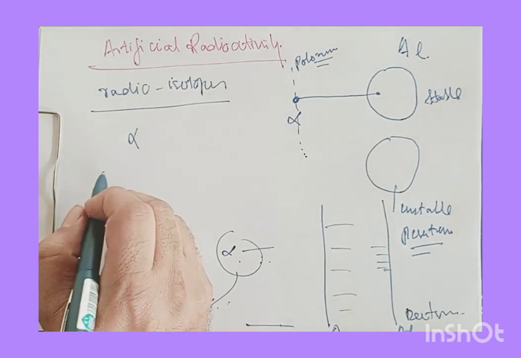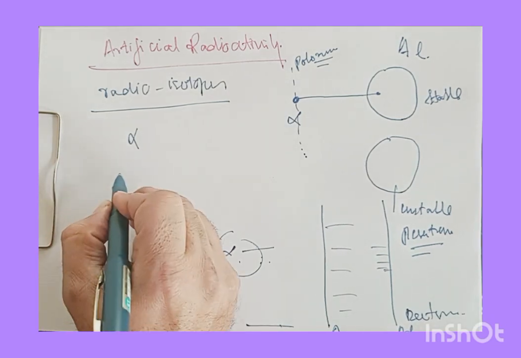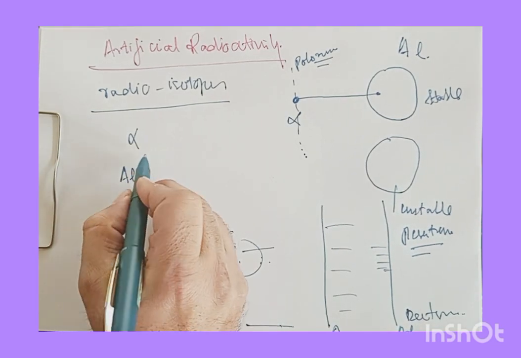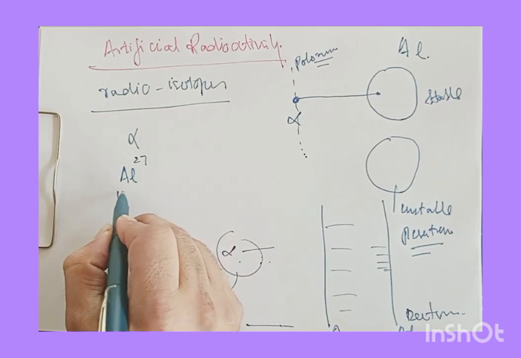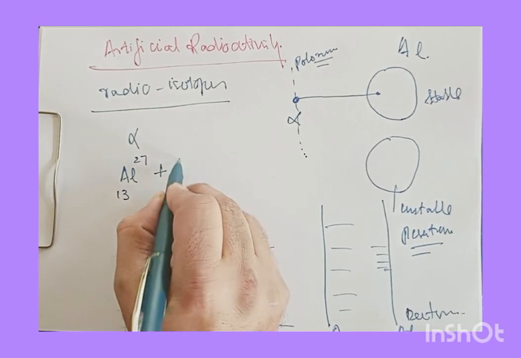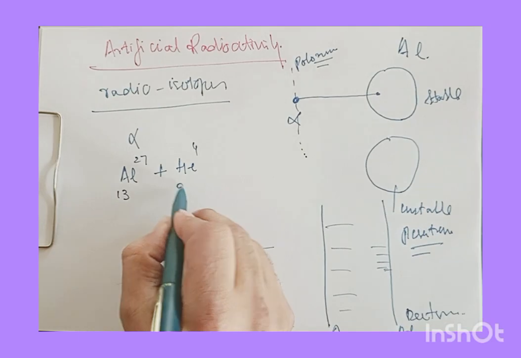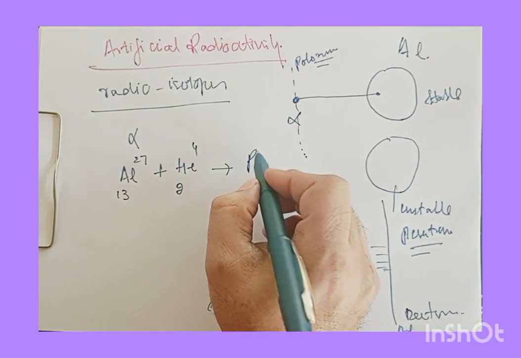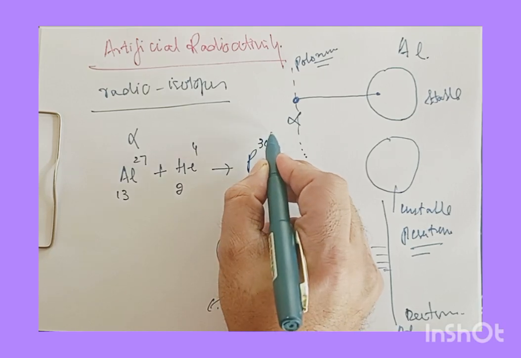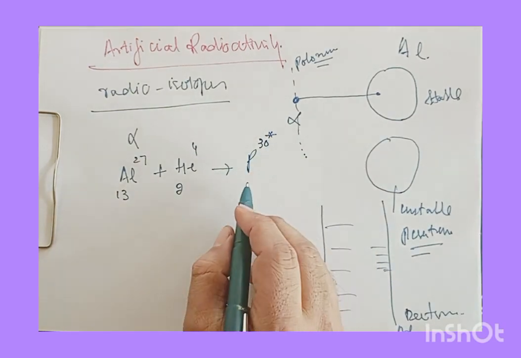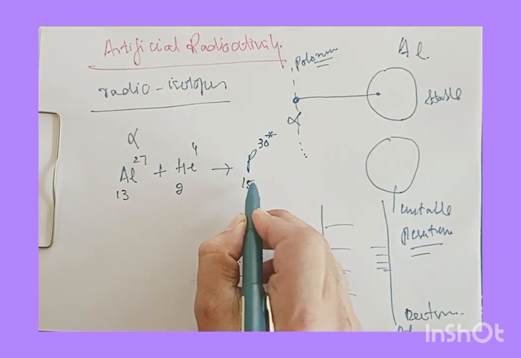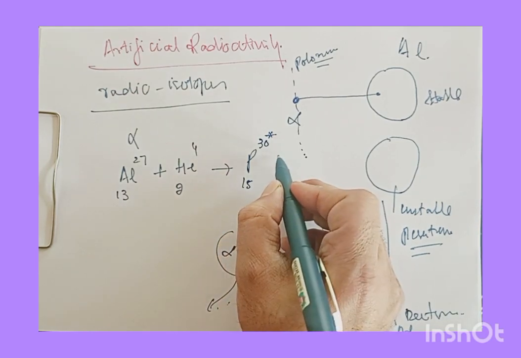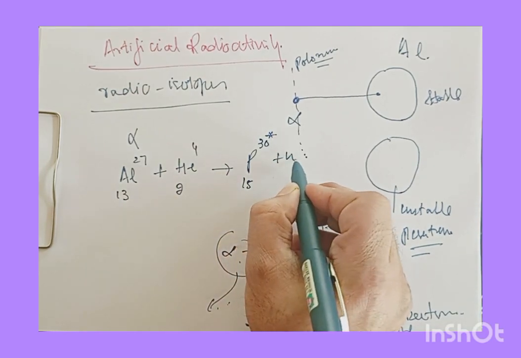This process can be given as aluminum 27, 13, which we hit with an alpha particle, and what we achieve is P30, let me put a star here, with atomic number 15, plus a neutron.